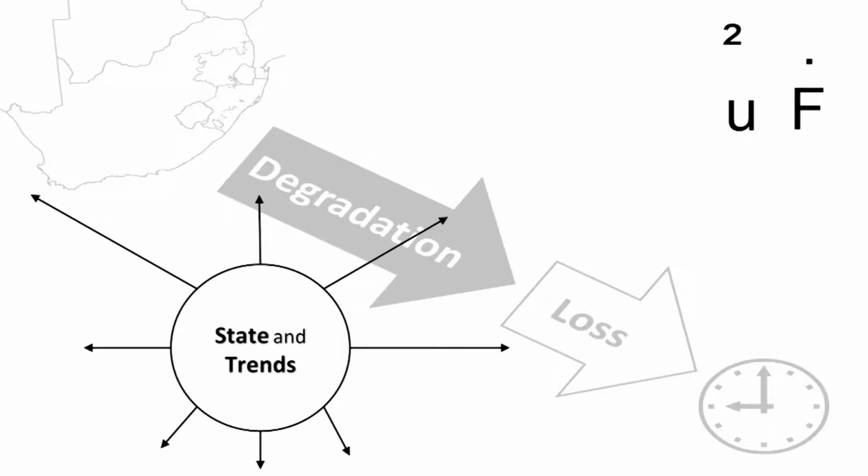Now we are comparing the management with the state and trends, looking at species. Using these indicator species, we want to see where we are along this degradation continuum, which we want to stop if possible.